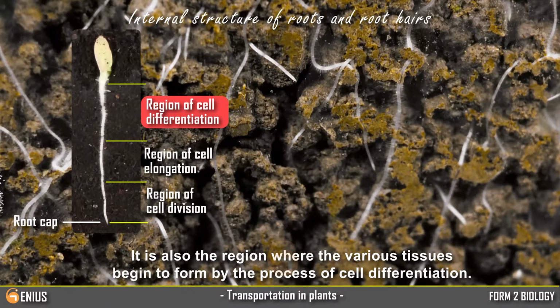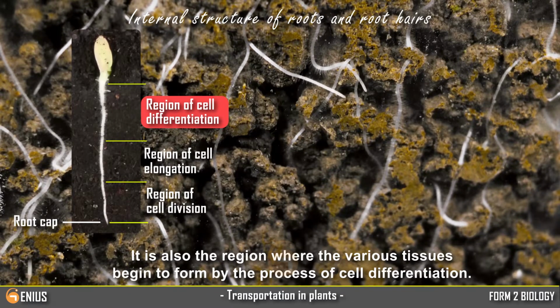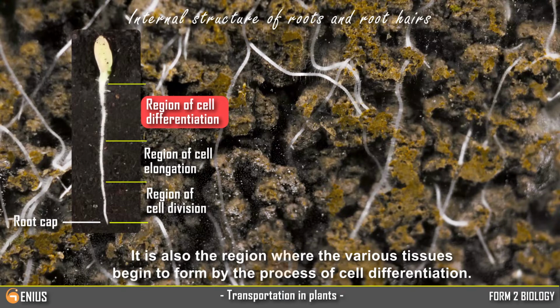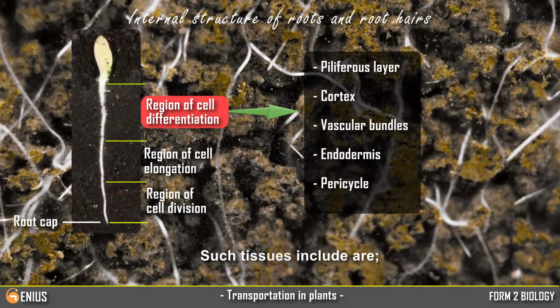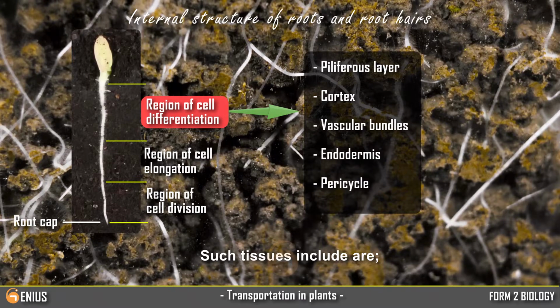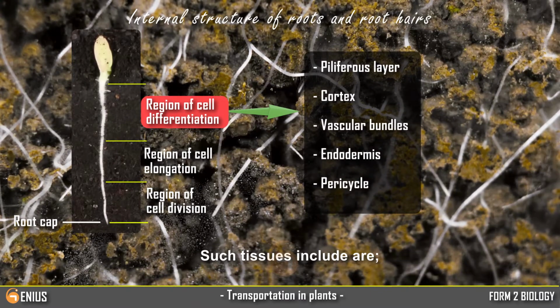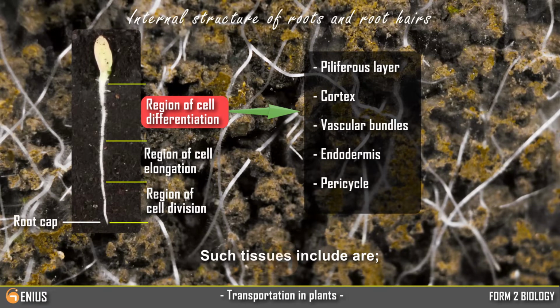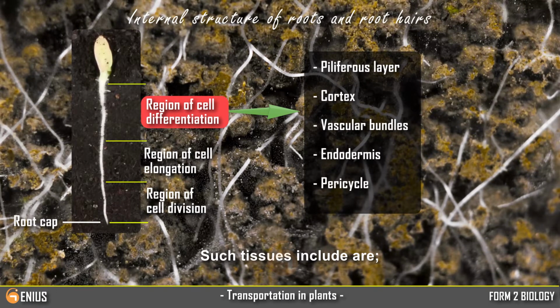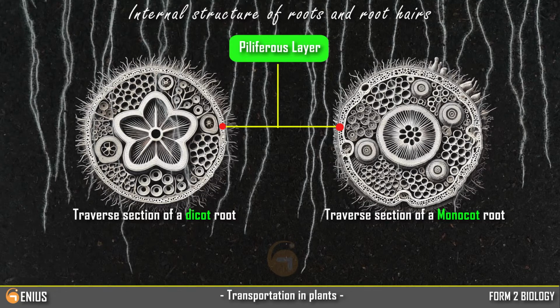It is also the region where the various tissues begin to form by the process of cell differentiation. Such tissues include piliferous layer, cortex, vascular bundles, endodermis and pericycle. Piliferous layer.